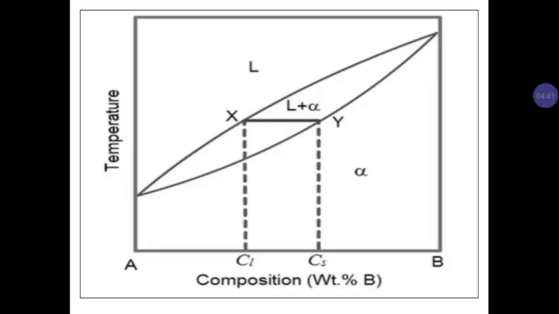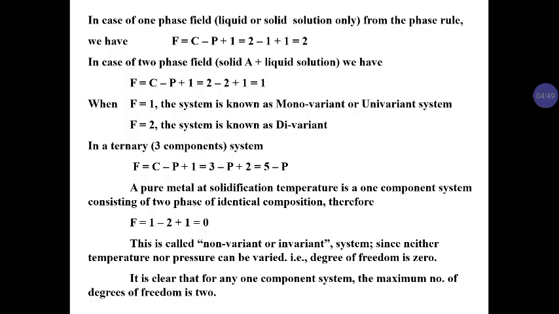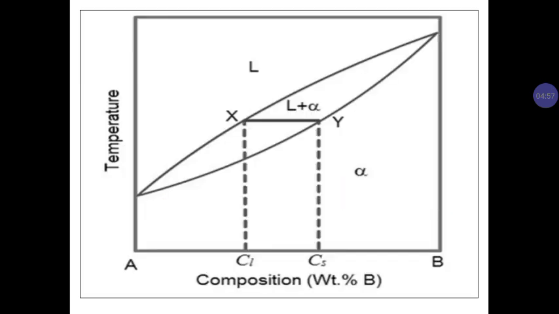So either we can alter both composition and temperature, or we can alter any one, depending upon the degrees of freedom. For example, a pure metal at solidification temperature is a one component system. At this particular point the pure metal is A, and similarly if the pure metal is B, then this point.